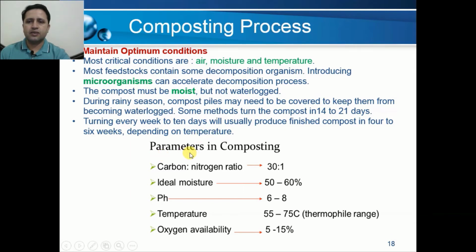Here are some parameters you can use in the composting process: the carbon to nitrogen ratio should be 30 to 1, and ideal moisture should be 50 to 60%. If you increase the moisture content, it will become waterlogged and spoil the compost. pH should be from 6 to 8, temperature for the thermophilic range should be 55 to 75 C, and oxygen availability must be from 5 to 15%.